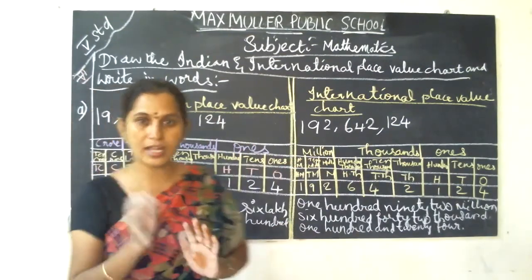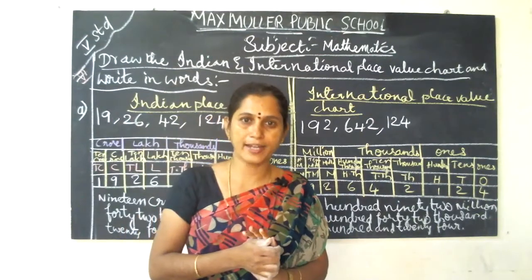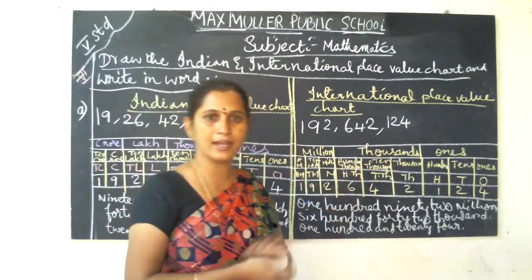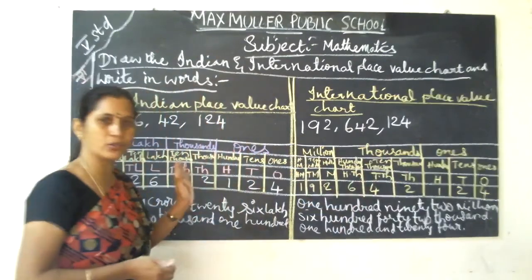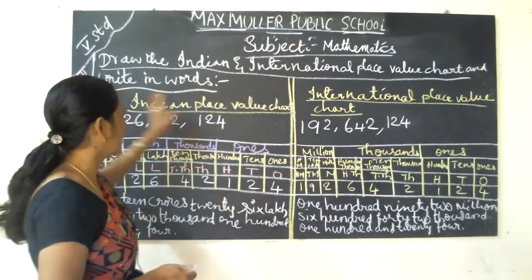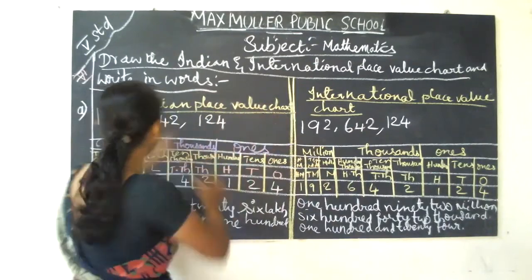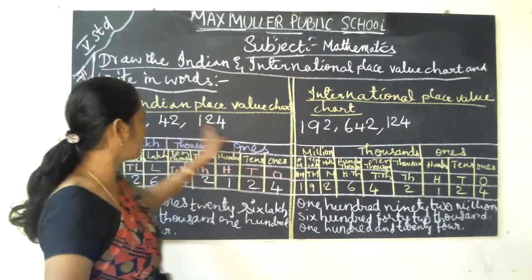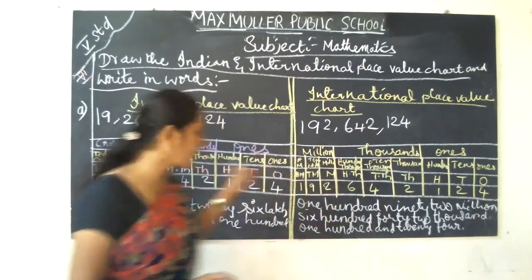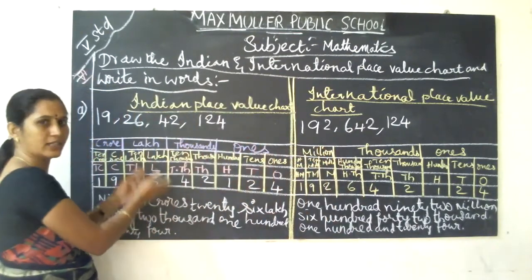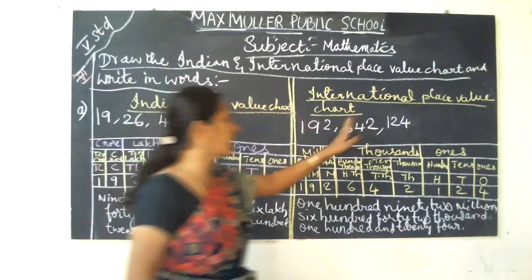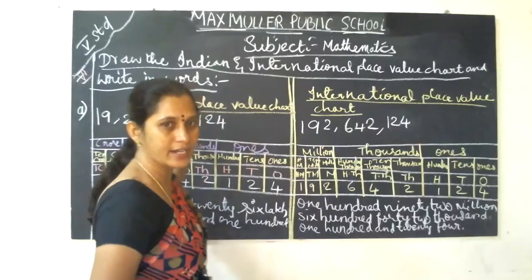Write with a pencil or gel pen, and for drawing the lines you have to use the scale. I have given a lot of place for Indian and separately divided the groups according to the place value. Just draw the lines, mention in the table, and write in words. I have divided international separately and Indian separately.